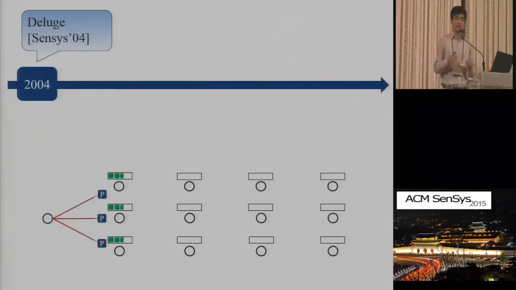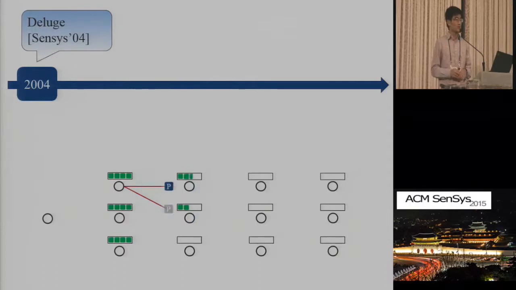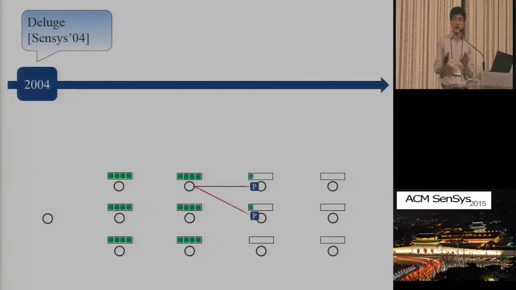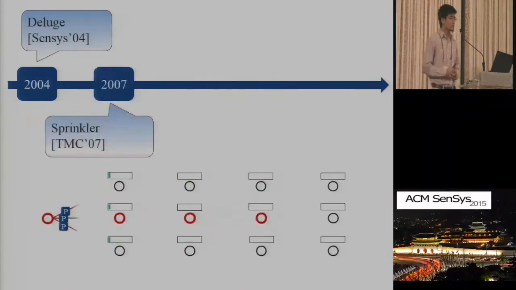With Deluge, the large bulk of data is divided into small pages. We transmit the page from one node to its neighbors using explicit acknowledgment and a handshake mechanism to ensure reliability.